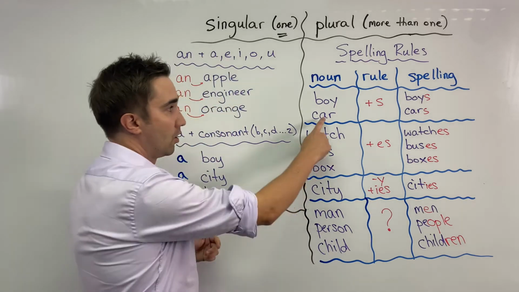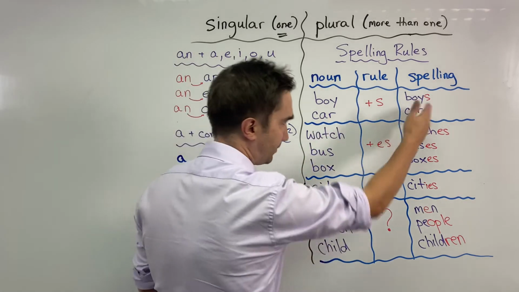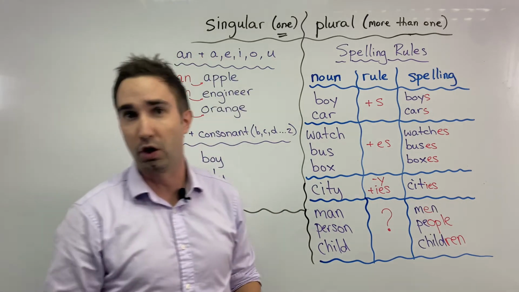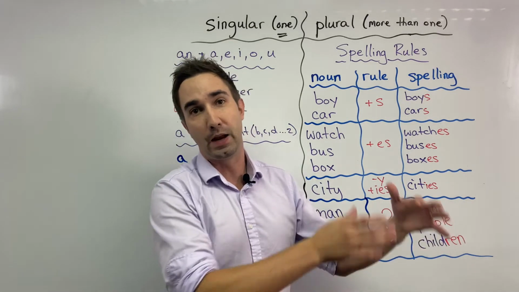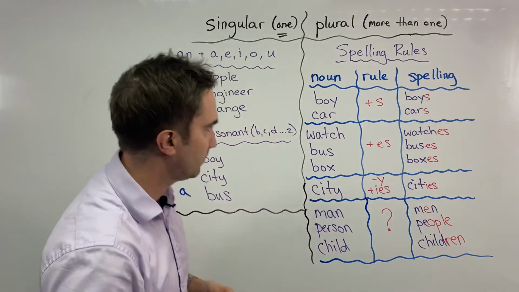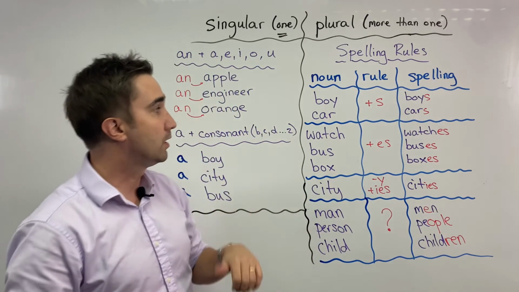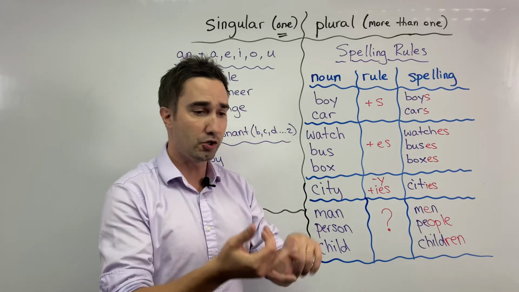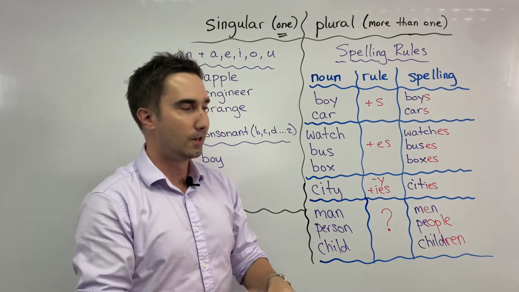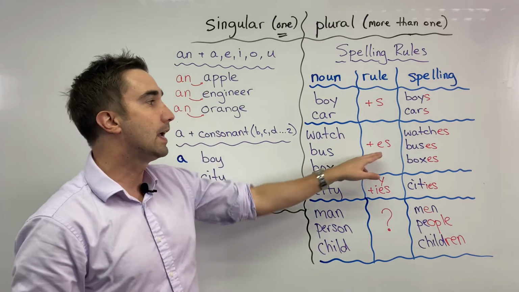All right, but car, just simply add S and you get two cars, three cars, 100 cars. Anything more than one. So plural just means more than one.